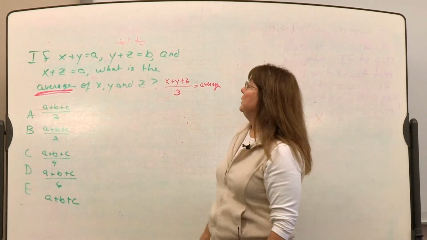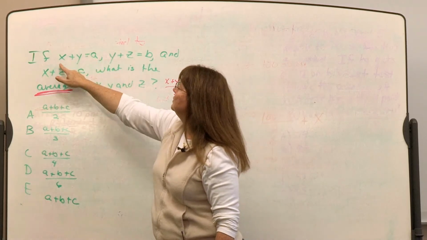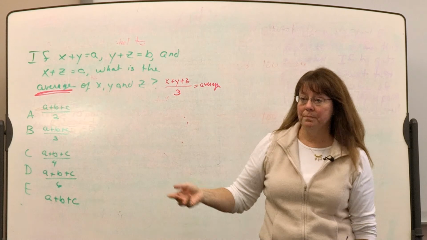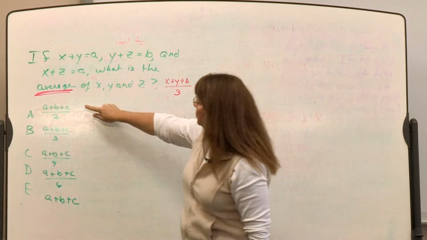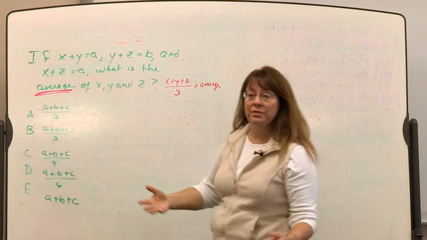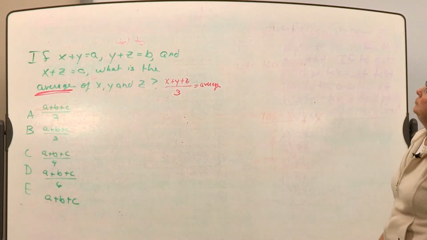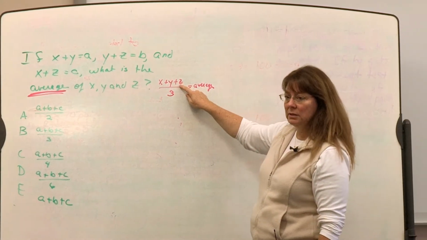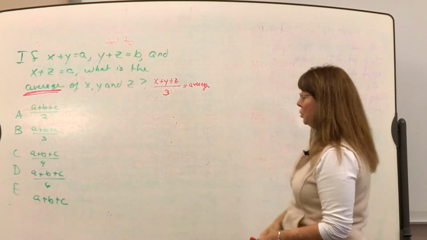Because I could average A, B, and C pretty easily. I could take what A is, I could take what B is, I could take what C is, and I could add all those up. But I do notice that in each of these answers, they do have A plus B plus C as part of it. So I'm going to start with that. That's not necessarily what I'm supposed to be averaging. I'm supposed to be averaging X, Y, and Z, but we'll see what we've got when we start.